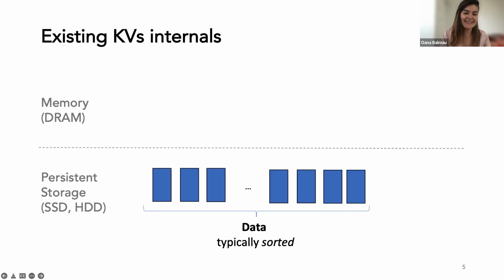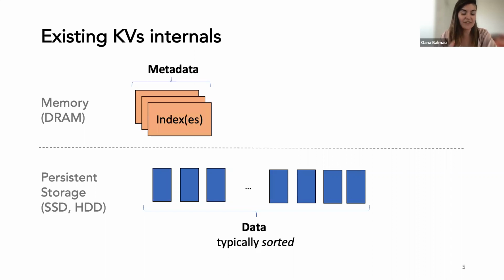And here I added it's typically sorted so that we have the possibility to scan over it. Now, to be able to retrieve the data, we also need some metadata, and one of the most important parts of the metadata are the indexes that allow us to find different items in the data stores. So today we're going to focus on these two parts, the indexes and the data.